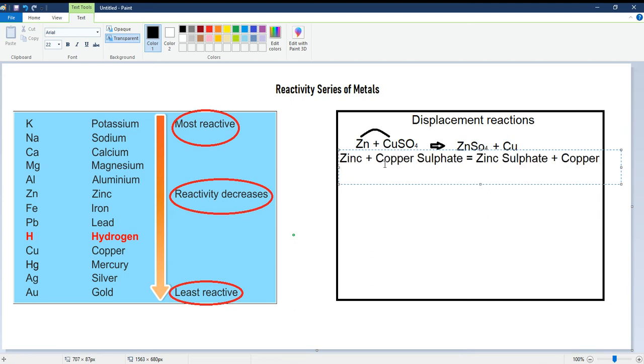And why do you think that happens? Because zinc is a higher reactive metal than copper, hence it displaces.